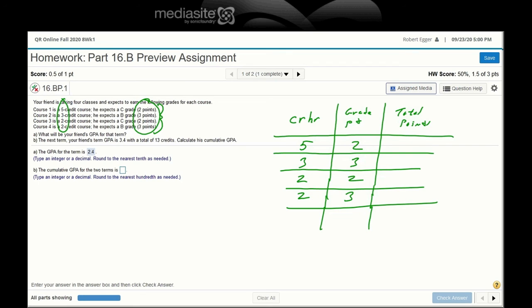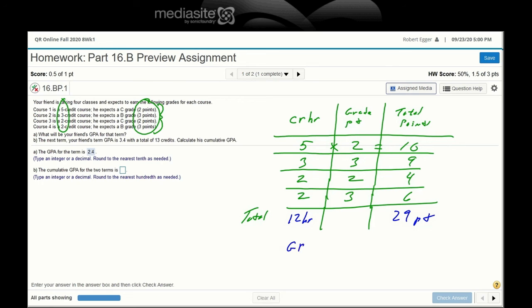So we multiply these out, gives me a 10, a 9, a 4, and a 6. And then we want a total for our left and right column. If I add my total credit hours, I have 12 hours. My total points is 29 points.